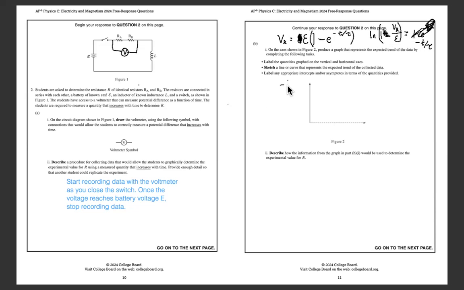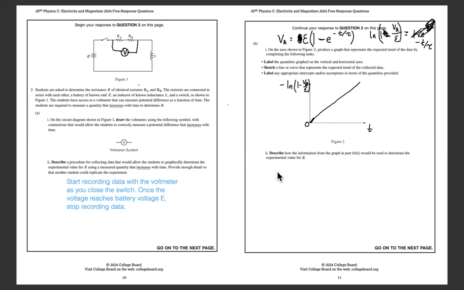So let's go ahead and plot negative natural log of 1 minus V of R over E on the y-axis, and on the x-axis, let's just go ahead and plot t, right? So then if you plot that, you should get a y-intercept of 0, and this should just be a straight line then. So cool, right?